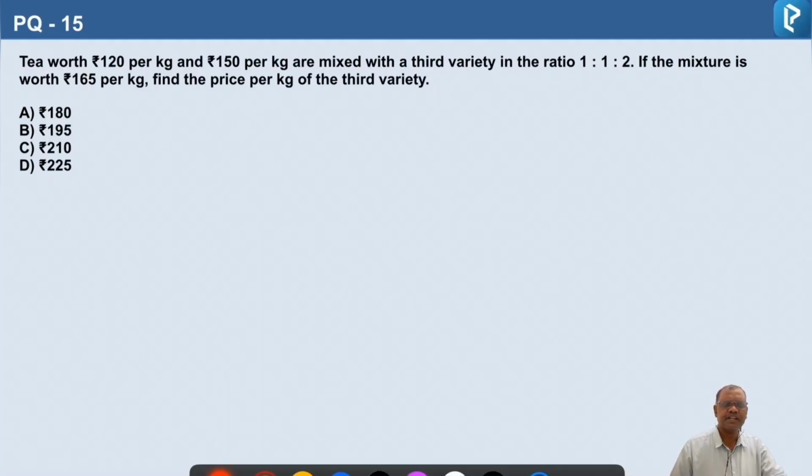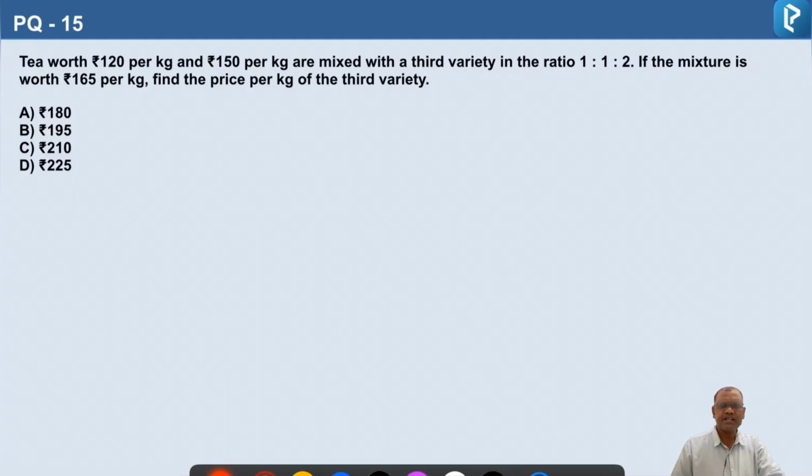Question number 15. Tea worth 120 rupees per kg and 150 rupees per kg are mixed with a third variety in the ratio of 1:1:2. If the mixture is worth 165 rupees per kg, find the price per kg of the third variety.